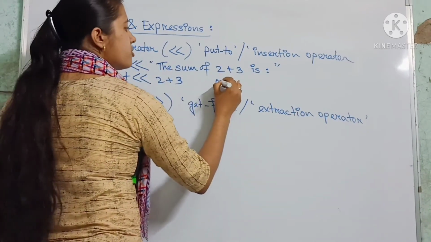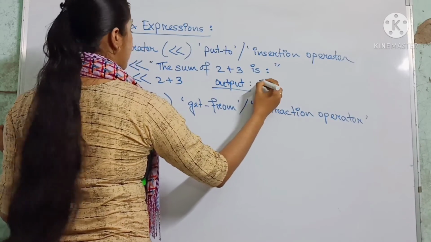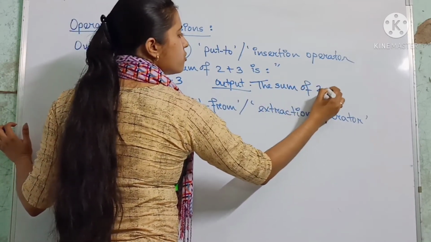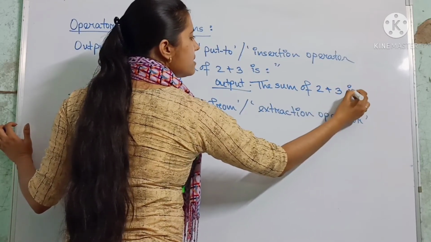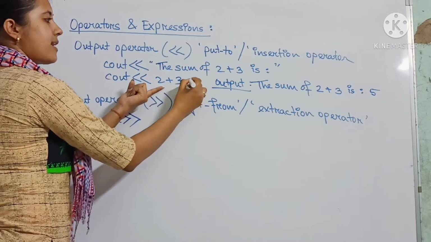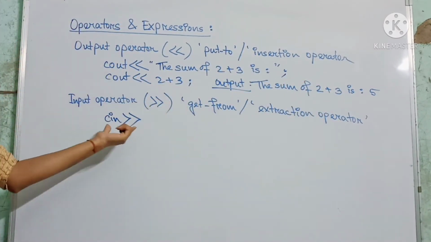What will it give as output? The output will be: the sum of 2 plus 3 is 5. It will add 2 plus 3 and show me 5.